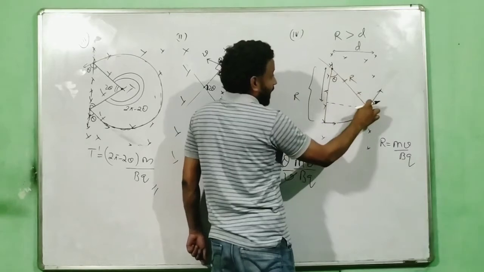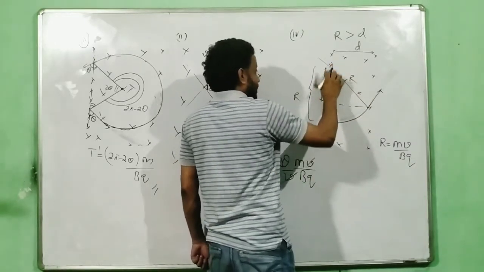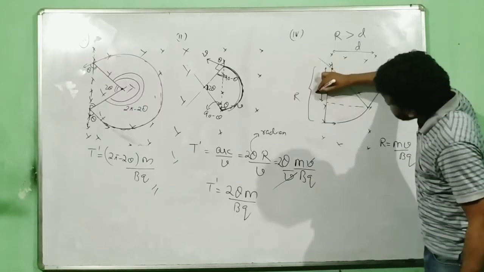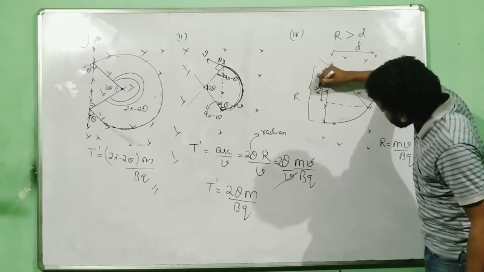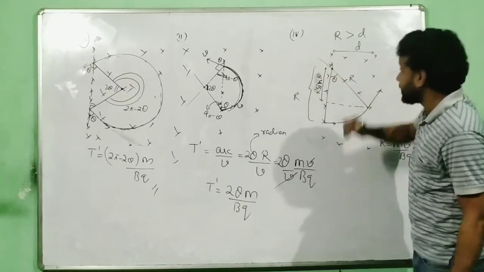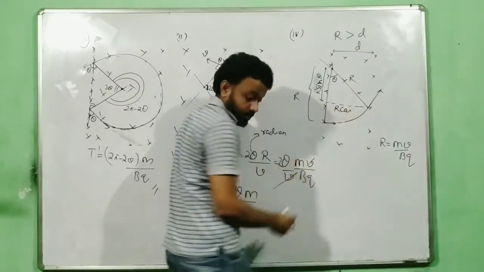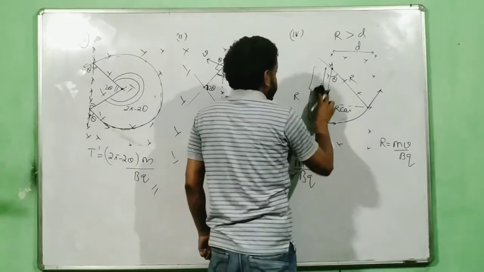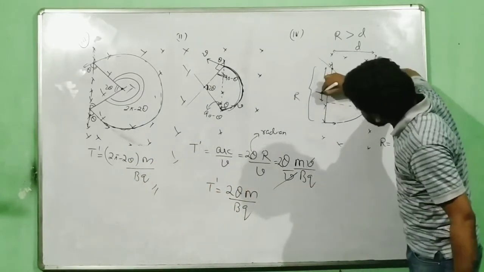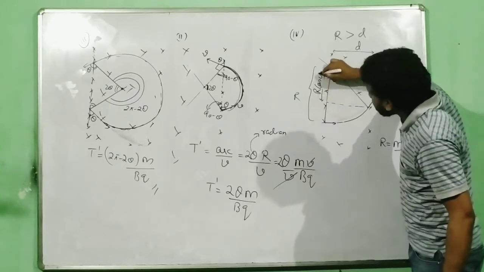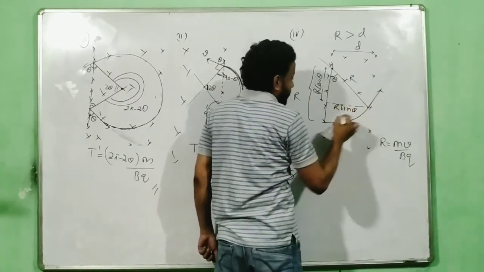But if this is my r, this component becomes r sin theta. And this will become r cos, sorry, this component becomes r cos theta. And this one becomes r sin theta.